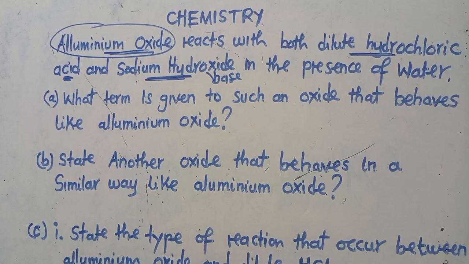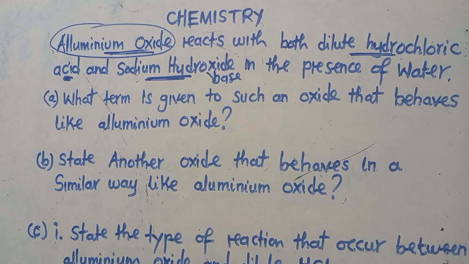So since aluminium oxide is not a base, but it is an amphoteric oxide, meaning it can react with both acids and bases. So aluminium oxide can act as both an acid and a base, neutralizing the other and producing a salt.